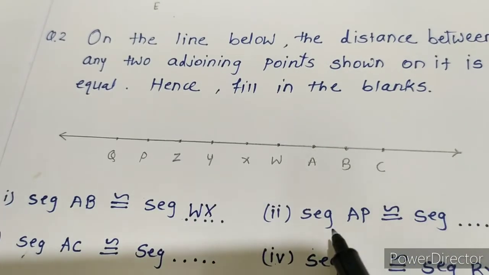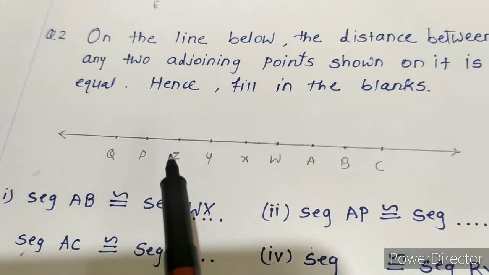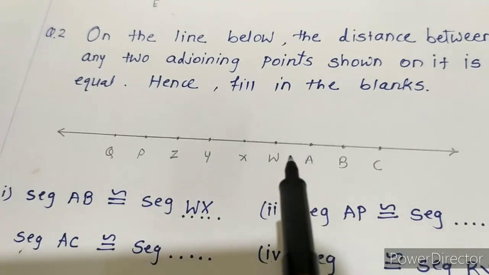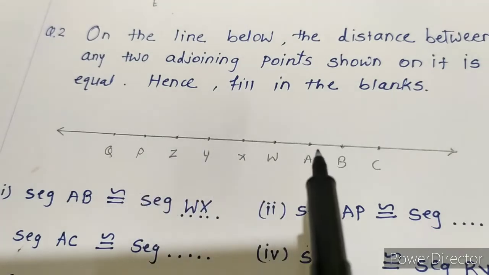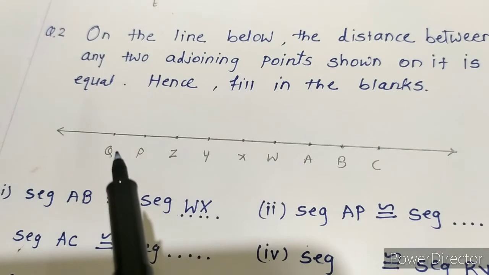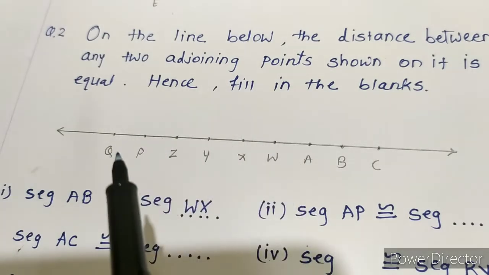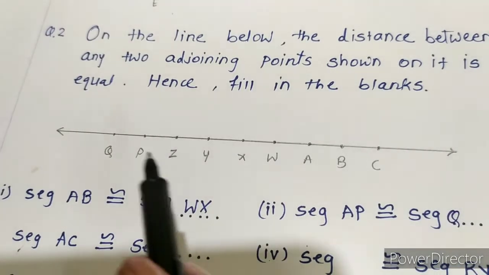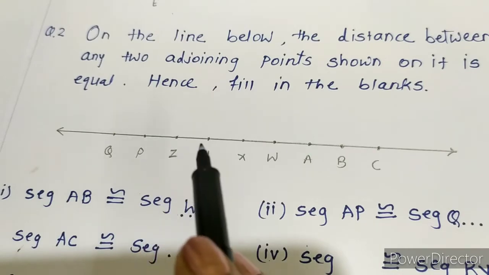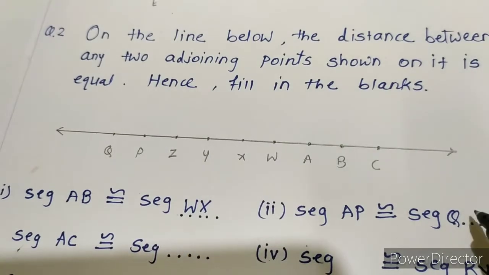Next pair is segment AP. Between A and P, how many units are there? 1, 2, 3, 4, 5. So you can take any point and from that point measure 5 units. So I will take here point Q. From Q, 1, 2, 3, 4, 5. So it comes on W. So QW is the segment.